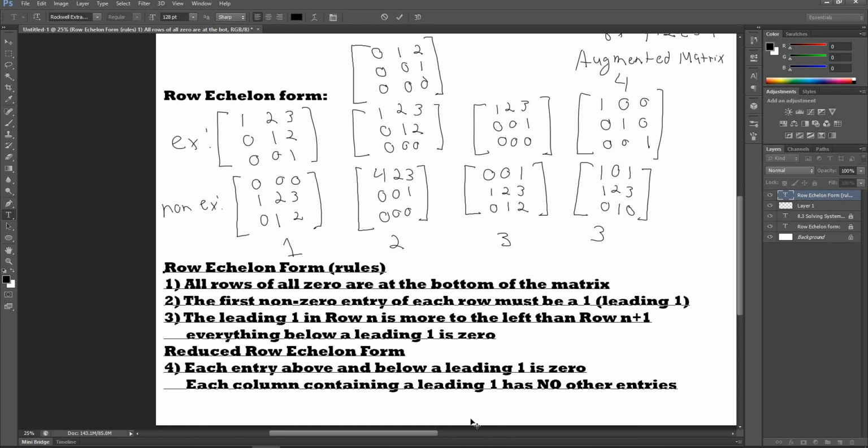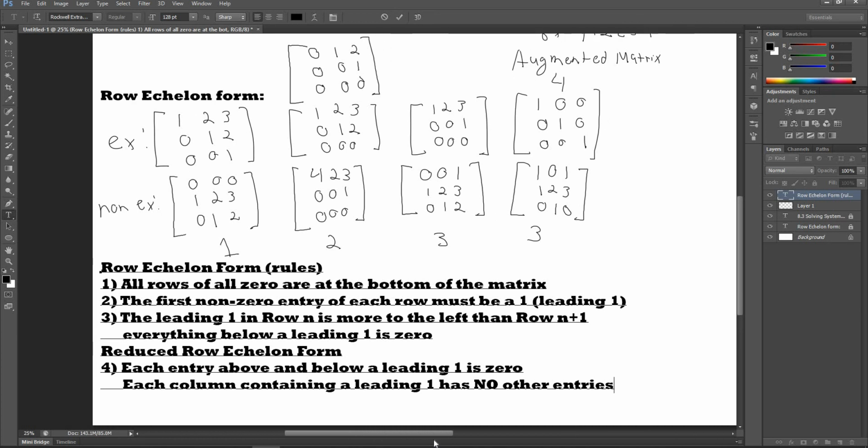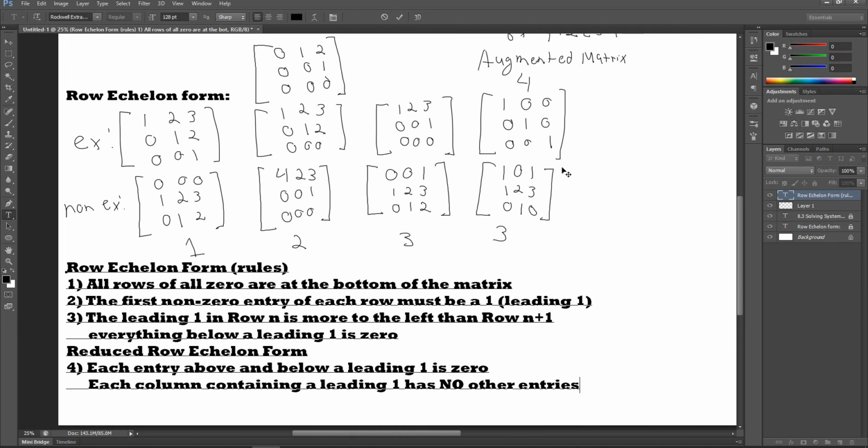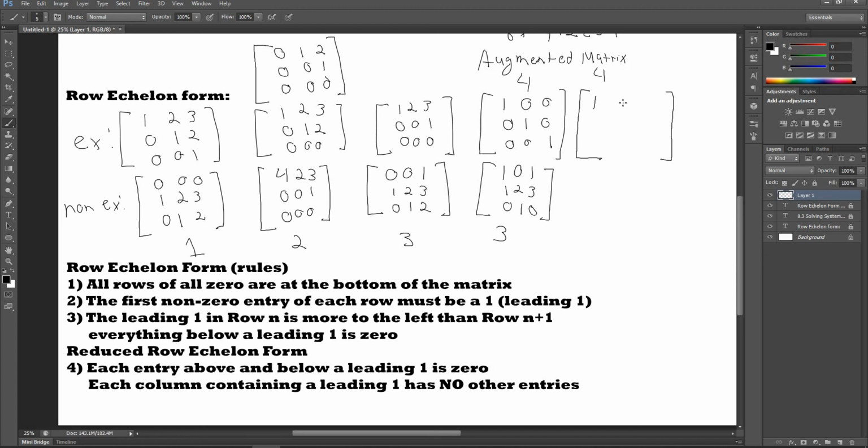Now, something that's interesting about this, that I'm going to write another example for. Move this down and lock it. And then move to layer 1 and brush. This is an example of reduced row echelon form. If I don't have, so we'll say 0.